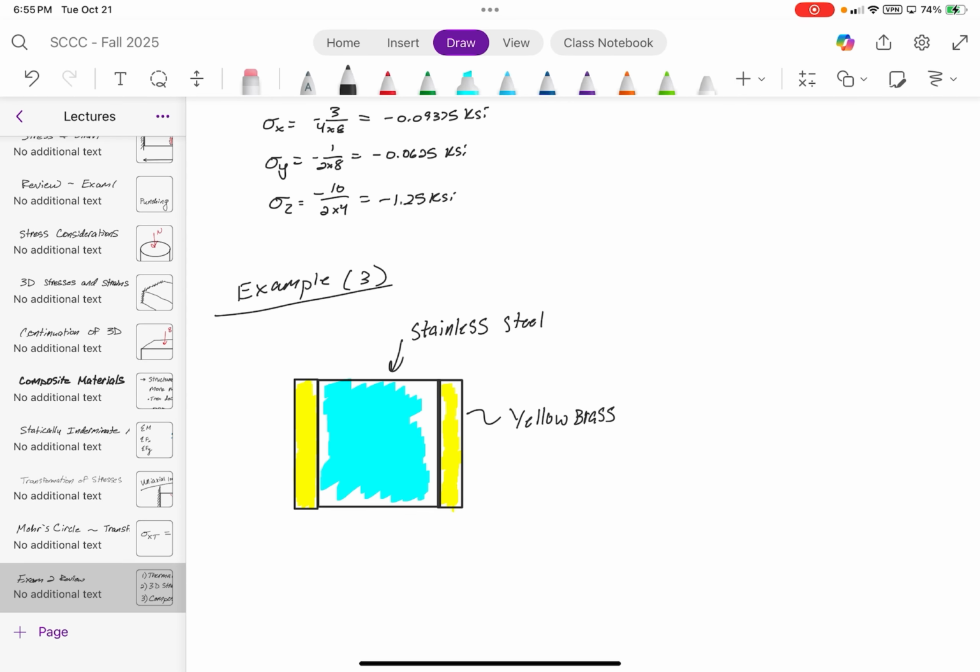All right. The bar is subjected to an axial force of, I don't know, 30 kips. So P is equal to 30 kips. Find the force in each material.